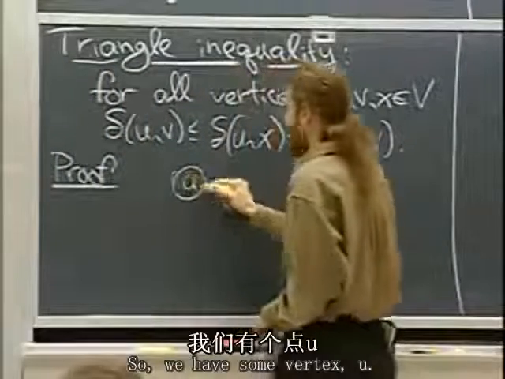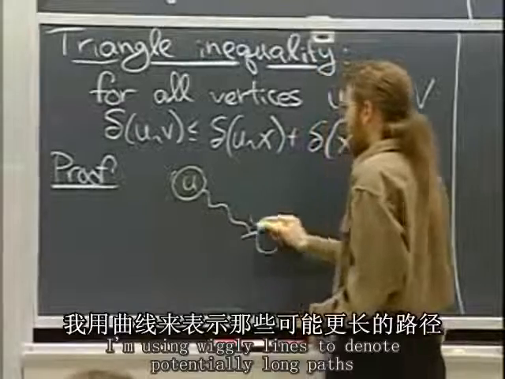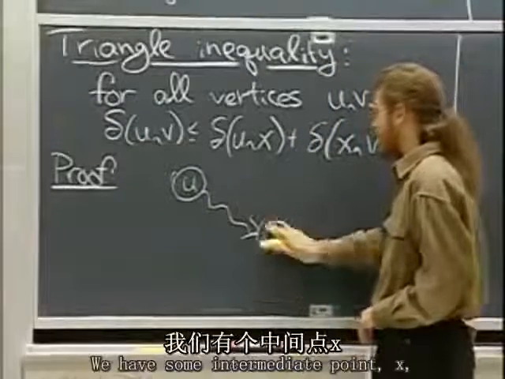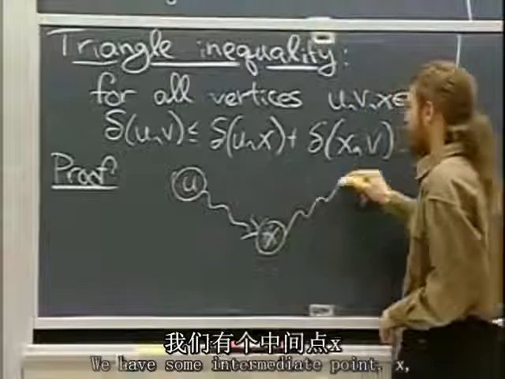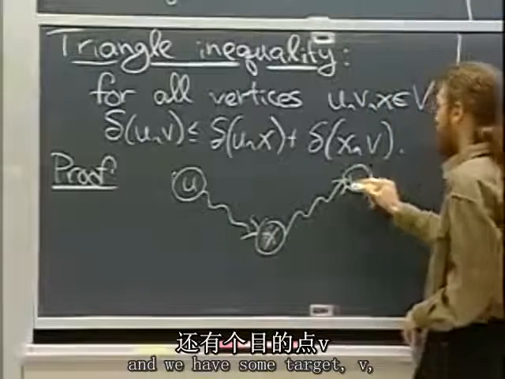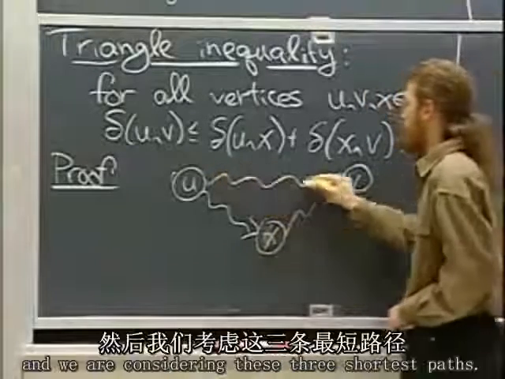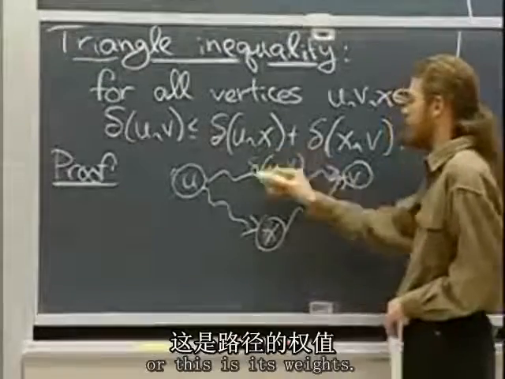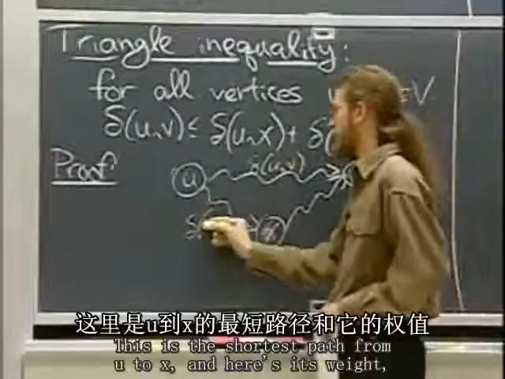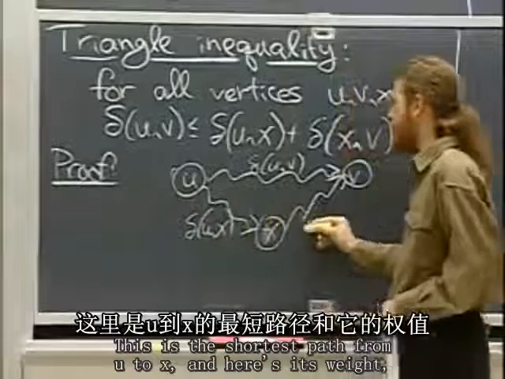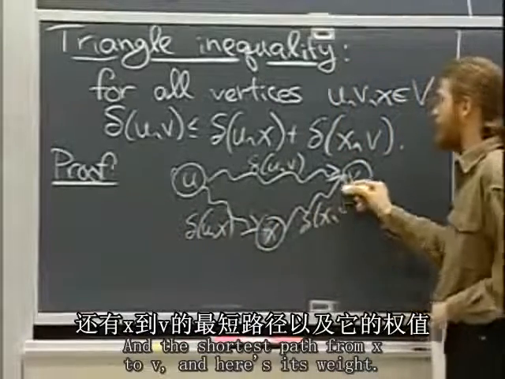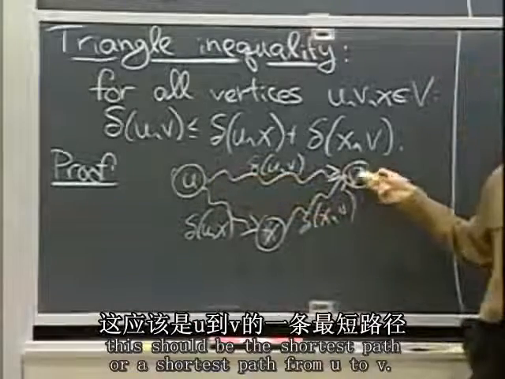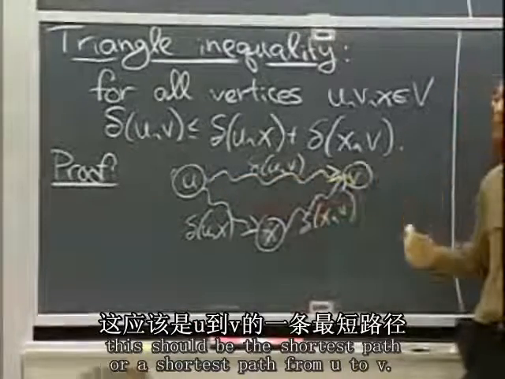So we have some vertex u. I'm using wiggly lines to denote potentially long paths as opposed to edges. We have some intermediate point x, and we have some target v. And we're considering these three shortest paths. This is the shortest path from u to v, or this is its weight. This is the shortest path from u to x, and here's its weight. And the shortest path from x to v, and here's its weight. And the point is, this should be the shortest path from u to v.